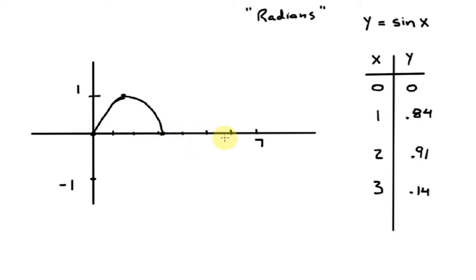If I kept going, there would be our lowest point, sort of around there. If I graphed enough of these points, this is kind of what the graph would look like, and it would keep going. There's no reason it would stop. And the truth is, I could have plugged in some negative points as well. So this is your basic sine graph.